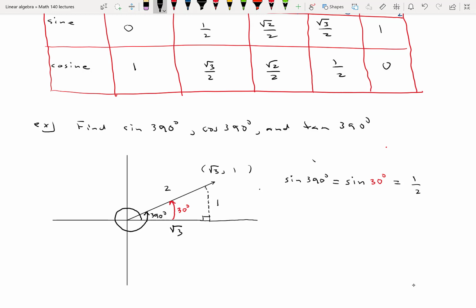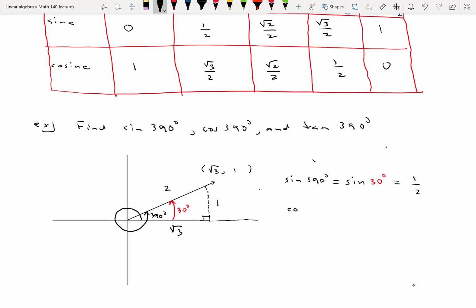Instead of looking at 390, all I have to do is look at 30. I can remove a whole revolution from 390, and it doesn't affect the value of the trig function. That's actually the key. If you remove revolutions, if you remove 360, you don't affect the value of the trig function. If I added another 360, I'd end up in the same place, and I would still have the sine equal to the sine of 30 degrees.